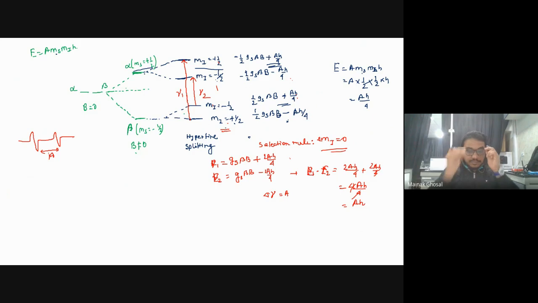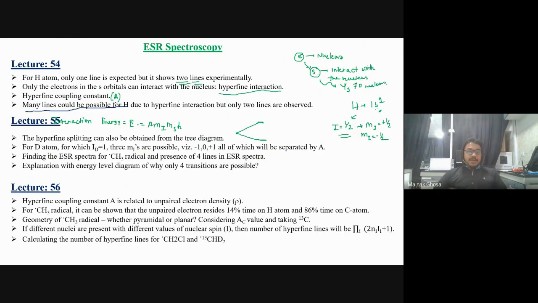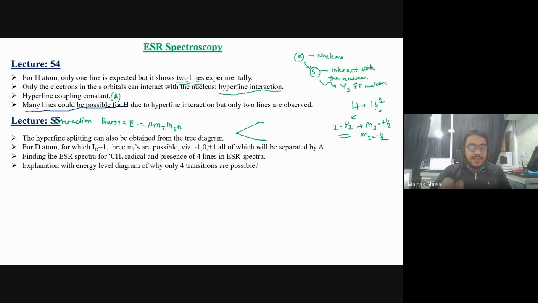What I'm trying to say is that the hyperfine splitting constant is nothing but the separation between the two peaks. Got it? In lecture 55, the hyperfine splitting was also obtained using the T diagram.